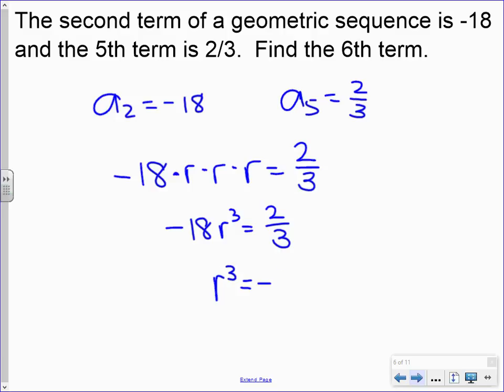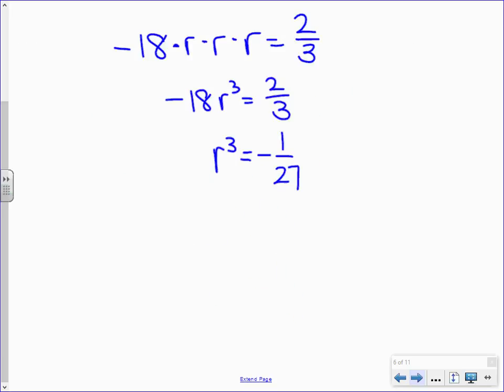Ooh, that's nice, isn't it? If r cubed is negative 1 over 27, then r is negative 1/3.